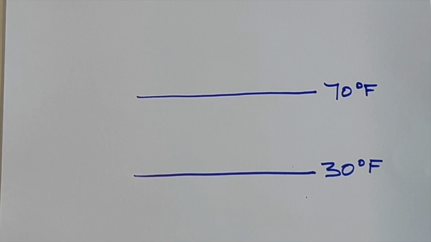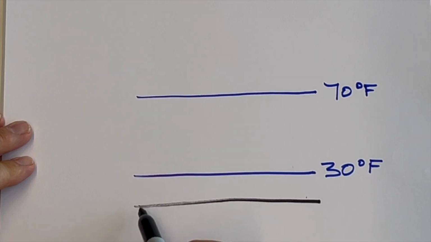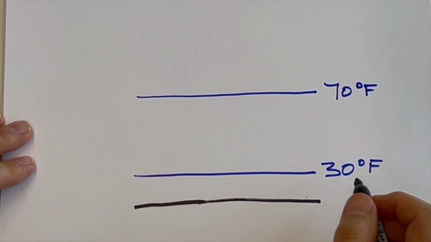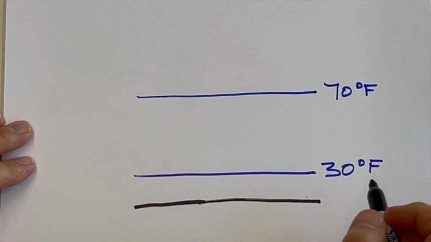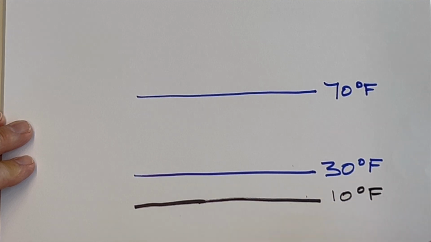Well, at 30 degrees outdoors, the manufacturer might choose to slow that compressor down, and then the temperature of the refrigerant isn't quite as cold. Instead of subtracting 30 degrees, we might only subtract 20 degrees.